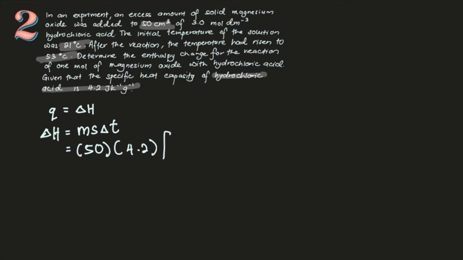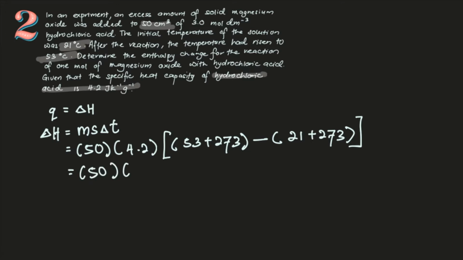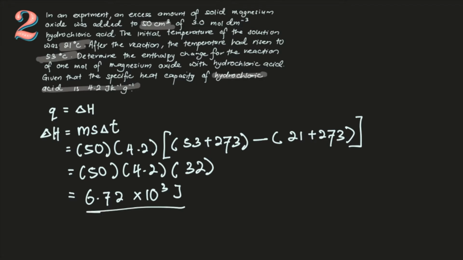So the change of temperature must be the final temperature minus initial temperature. So we are going to do 53 plus 273 minus 21 plus 273. From here you can get 50 times 4.2 times 32. So you should be able to get 6.72 times 10 to the power of 3 joule. This is just for hydrochloric acid.